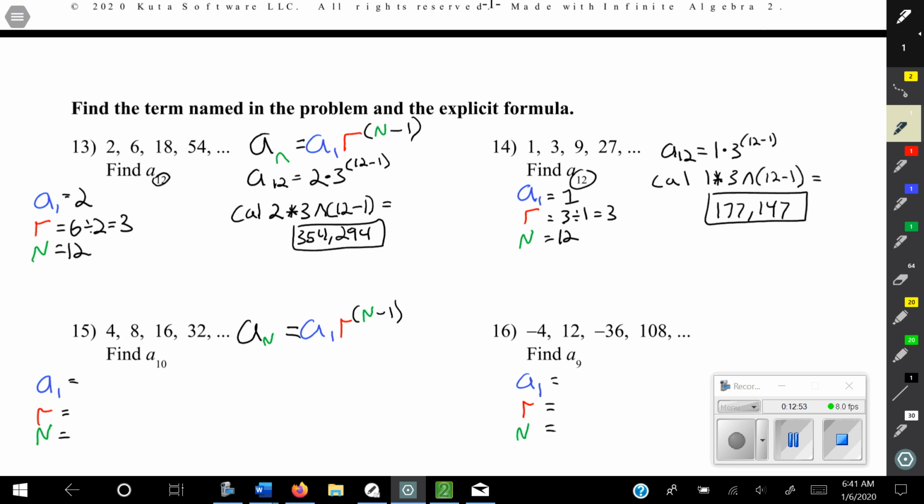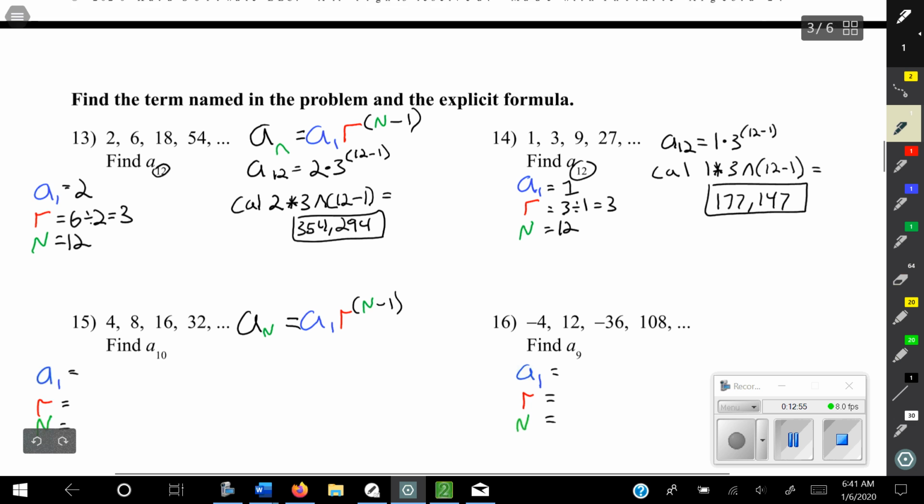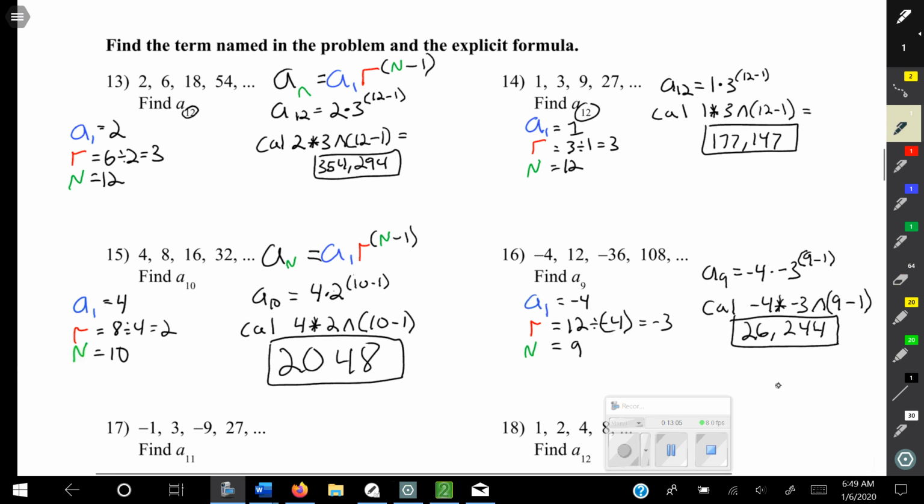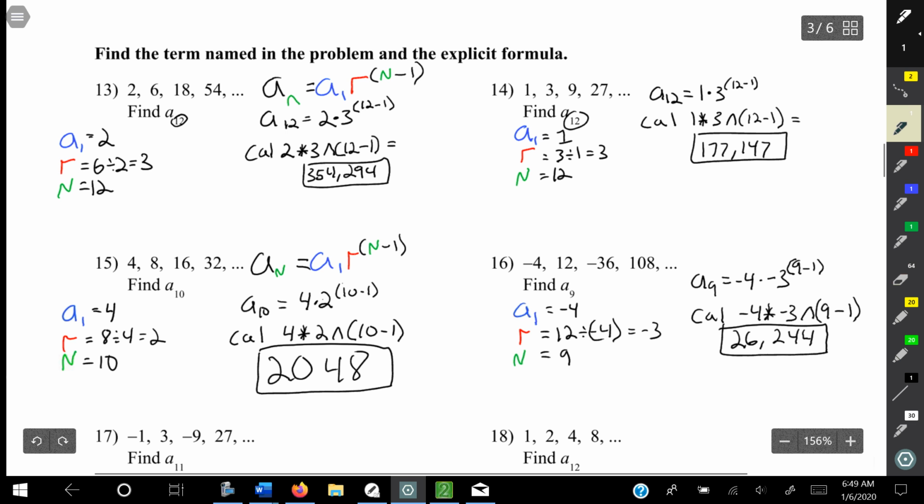Okay, take a look at these two problems and see if you can solve these. Okay, this should be what you get.